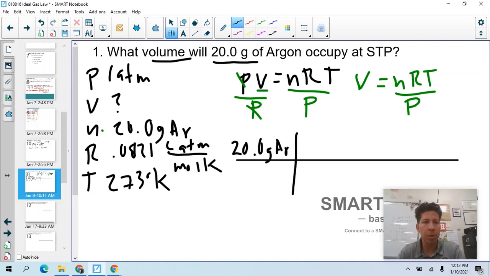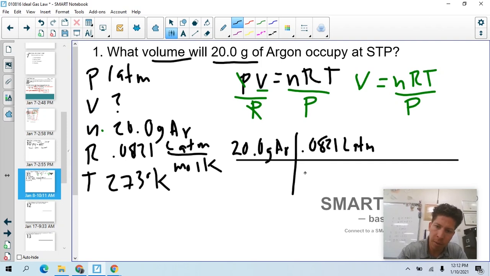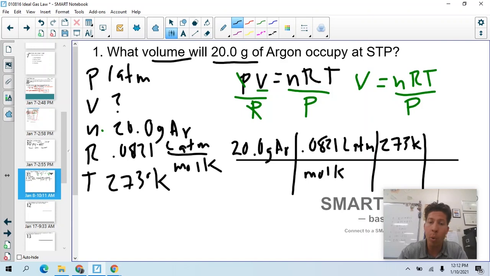Okay, I'm going to multiply that by R. R is 0.0821 liters atm over moles Kelvin. Always make sure you guys put the units, okay? T is 273. Okay, that's in Kelvin, so that's good. If it wasn't in Kelvin, I'd have to convert, right? And I'm going to divide that by pressure. My pressure is 1 atm.